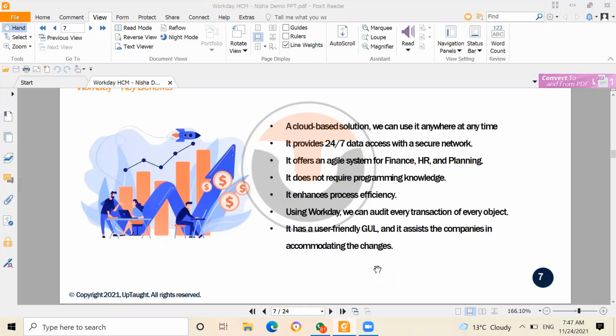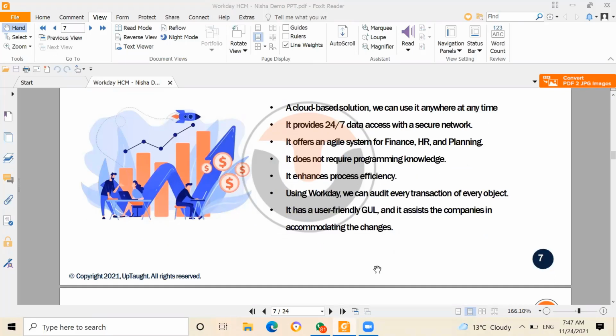So the end user training part is also there. The support consultant is also there to enhance the already configured things, if they have any add-on or any changes. So these are the things that are always easy in Workday.